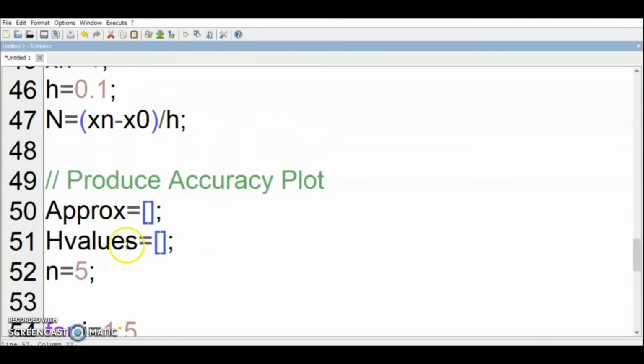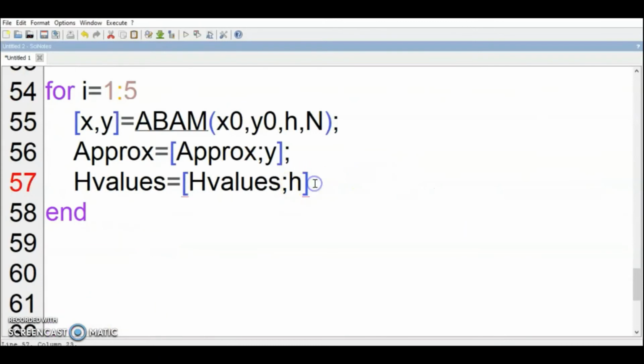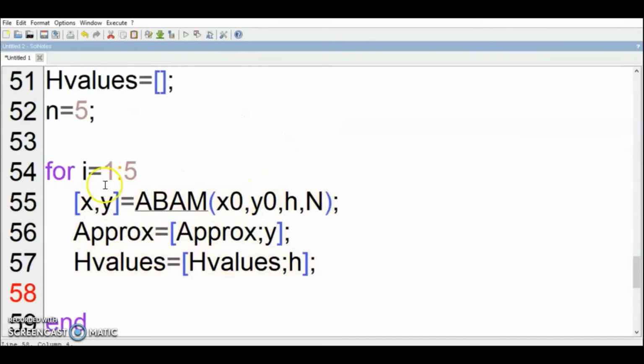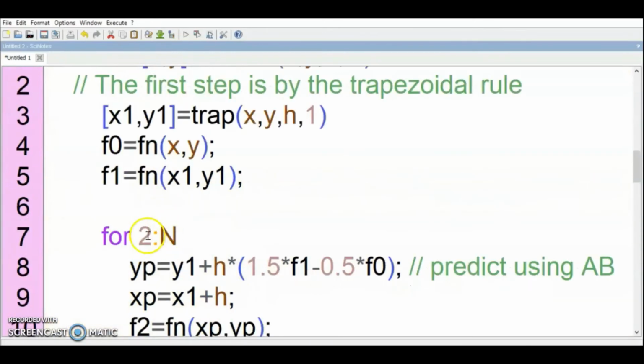So the accuracy plot here refers to errors versus step size. Now what you want to do is, this value here will give me the last value. When i is 1, the last value, look here.